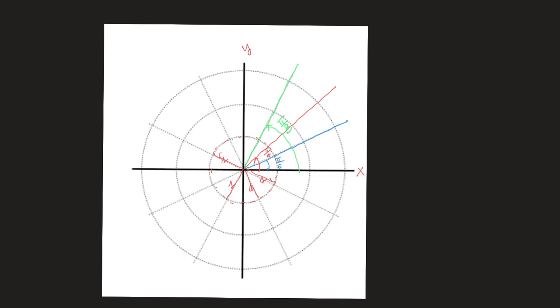The second one represents all the points whose distance from the origin is 2. This is 2. This is 2. Last one, this outside one, all the points here, the radius is going to be 3. That's how to use polar coordinates. Let's practice with examples.